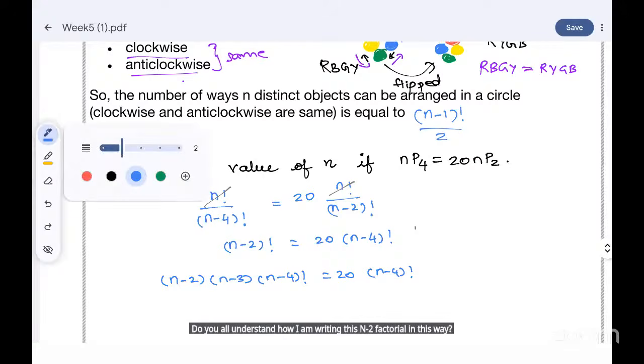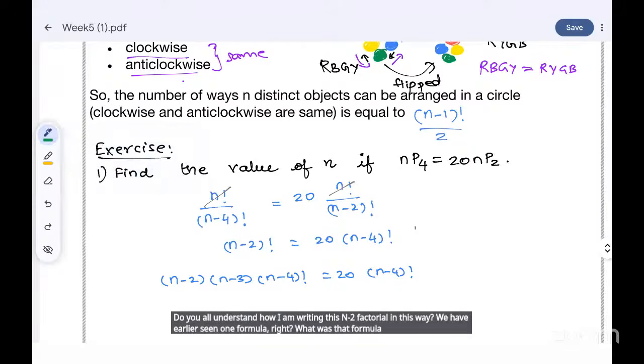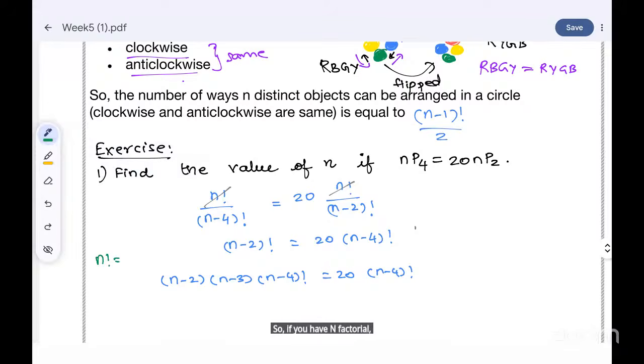We have earlier seen one formula, right? If you have n factorial, you can write it as n into n minus 1 ... into n minus i plus 1, n minus i factorial. That is what we have done here. Is that clear?